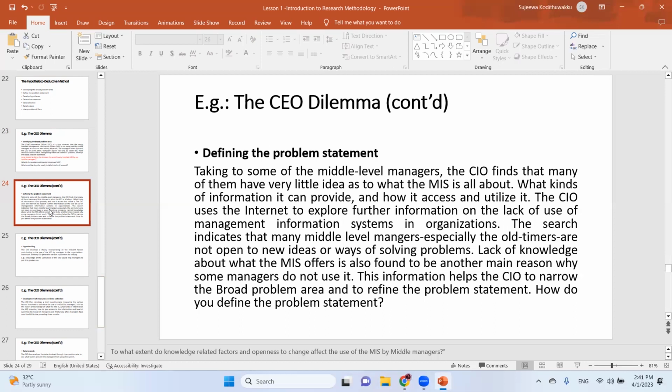This is called scientific writing. The same problem written using proper language, proper method, in a very organized manner, scientific method. Talking to some of the middle level managers, because sometimes middle managers have an idea about MIS.